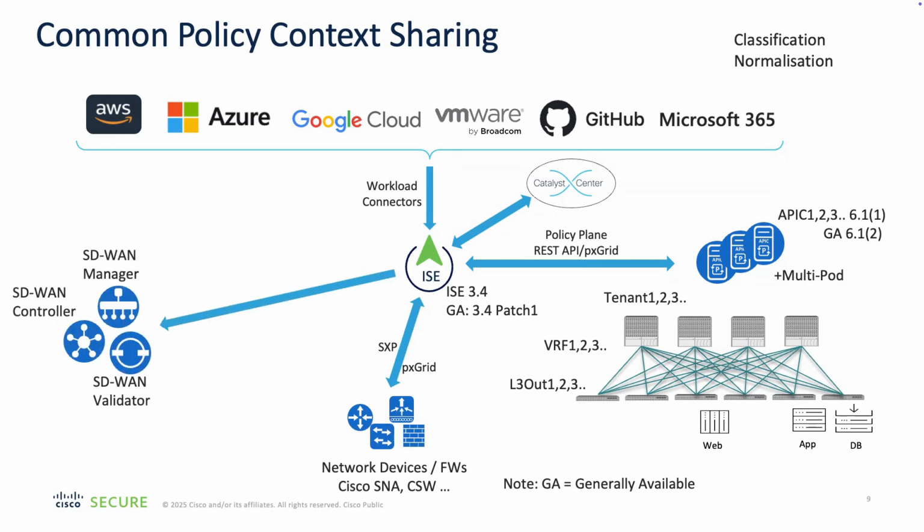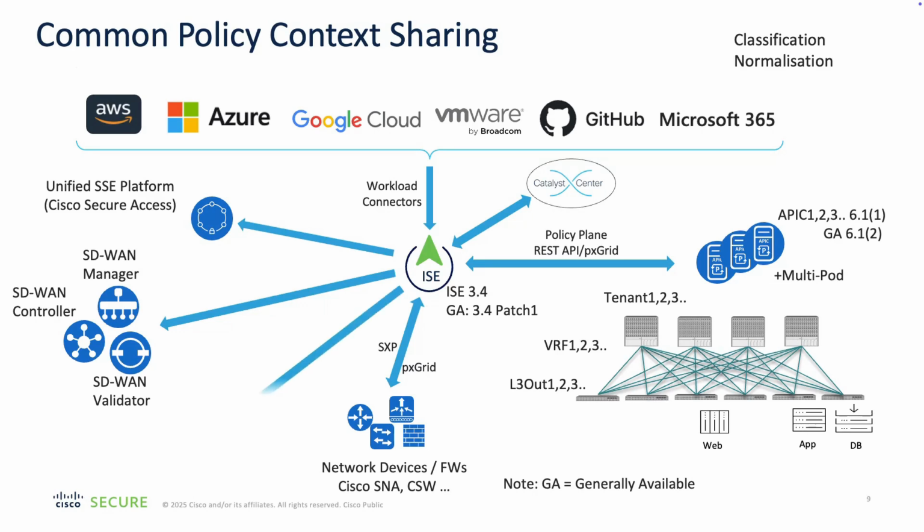Now, we're not stopping there. We're also sharing this information with our SD-WAN constructs. So SD-WAN will know these groups and can enforce traffic actually within SD-WAN if you wanted to as well. We're also sharing with our SSE platform, our Cisco Secure Access, sharing the groups to that platform so you can enforce policies in there based off of the groups learned from other domains.